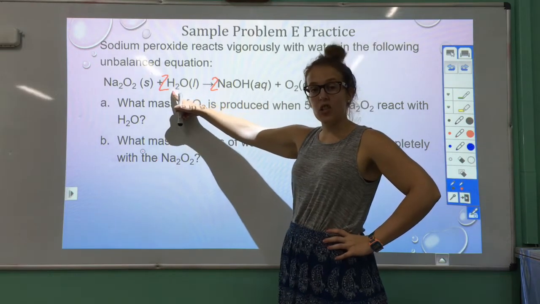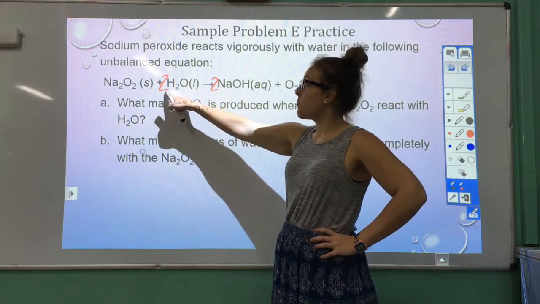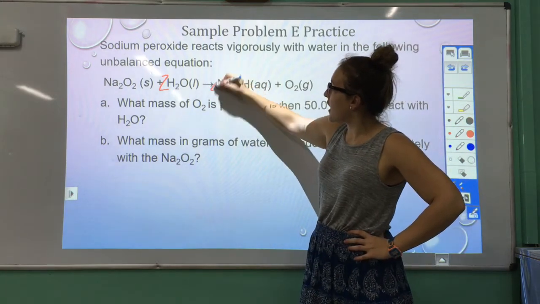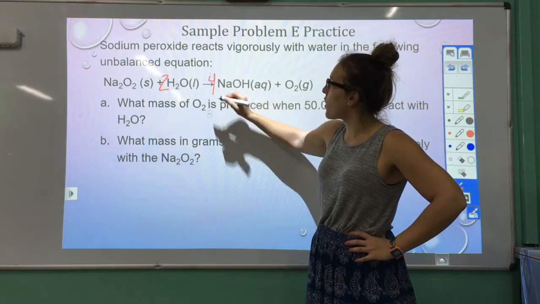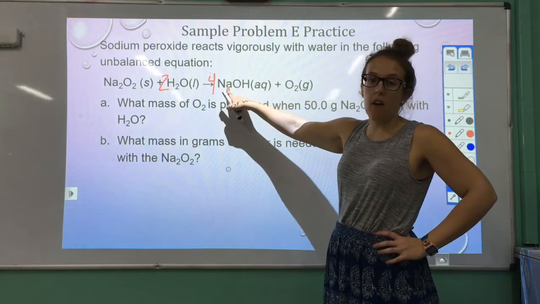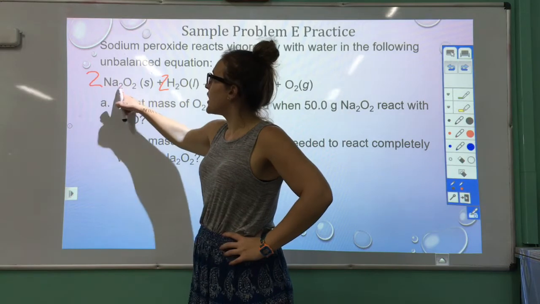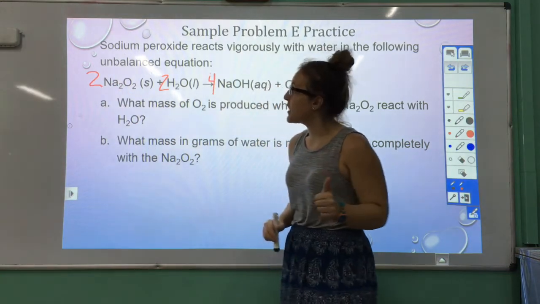Now, our hydrogen is off balance because we have 4 hydrogen on this side, so we need 4 on this side. So let's put a 4 here, giving us now 4 sodium. So let's put a 2 over here. 2 times 2 is 4. Our sodium is set.